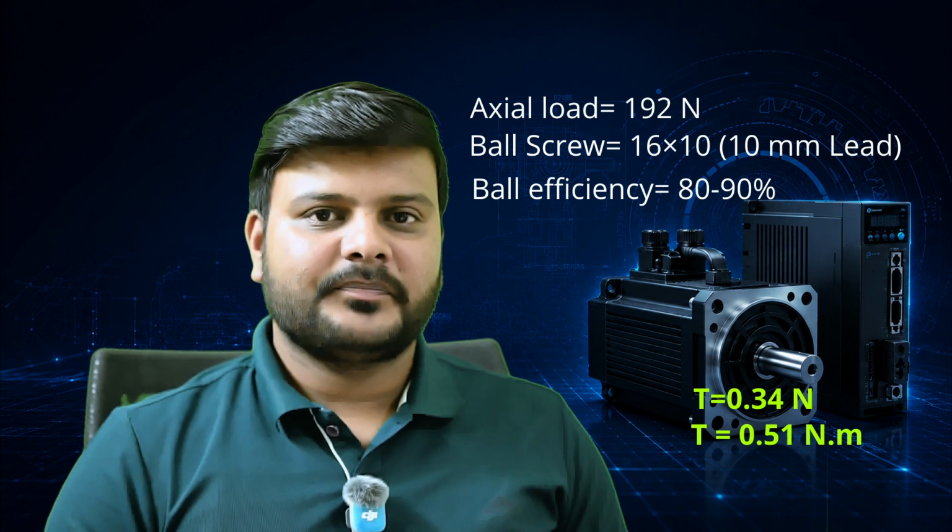Now start with the inertia calculations. Why is inertia important? Because most beginner design engineers select a servo motor based only on torque, but an industrial system is selected based on both inertia and torque.